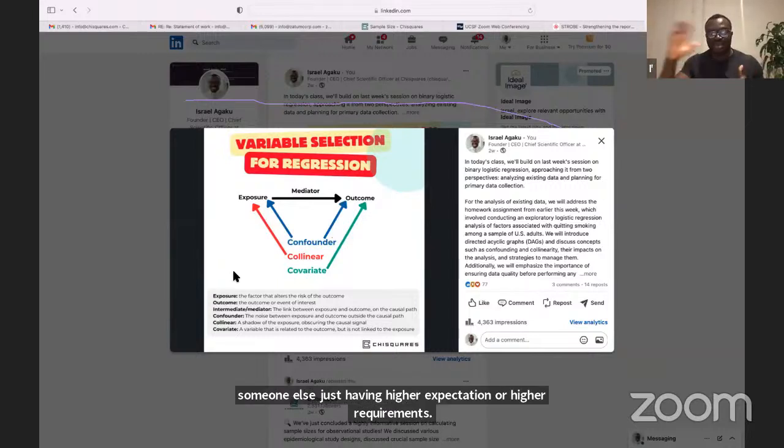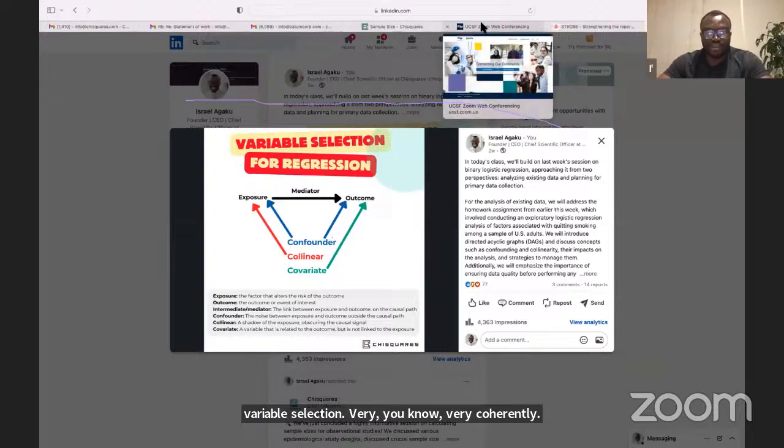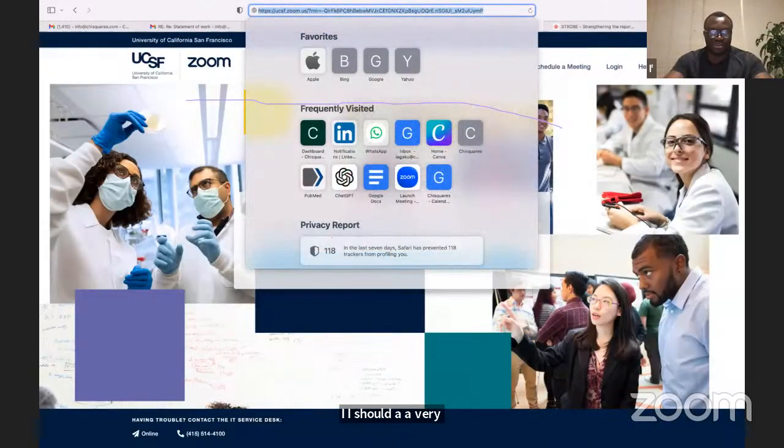So it's like aim for the sky. If you miss, you hit the birds. So if you build your models as though you were fitting a causal model, you will always consider issues of variable selection very coherently. I shared a very good link for a book on causal inference the last time.